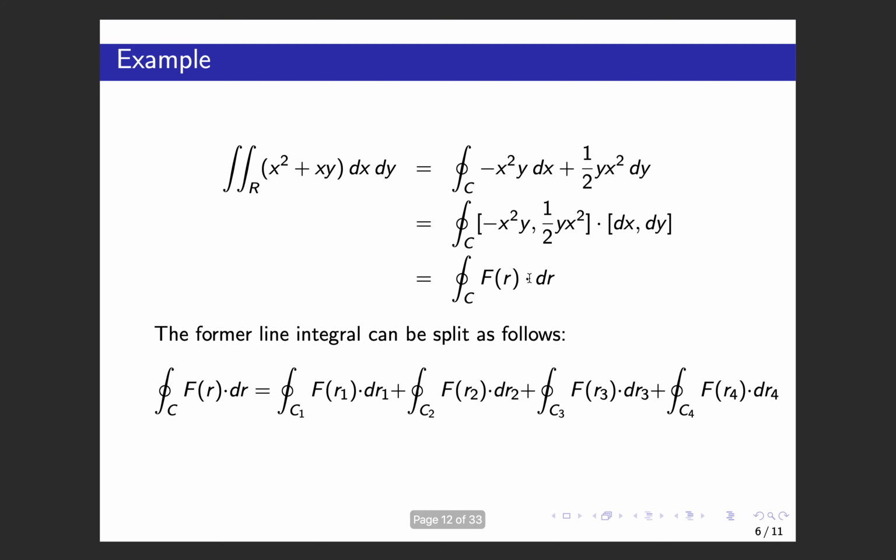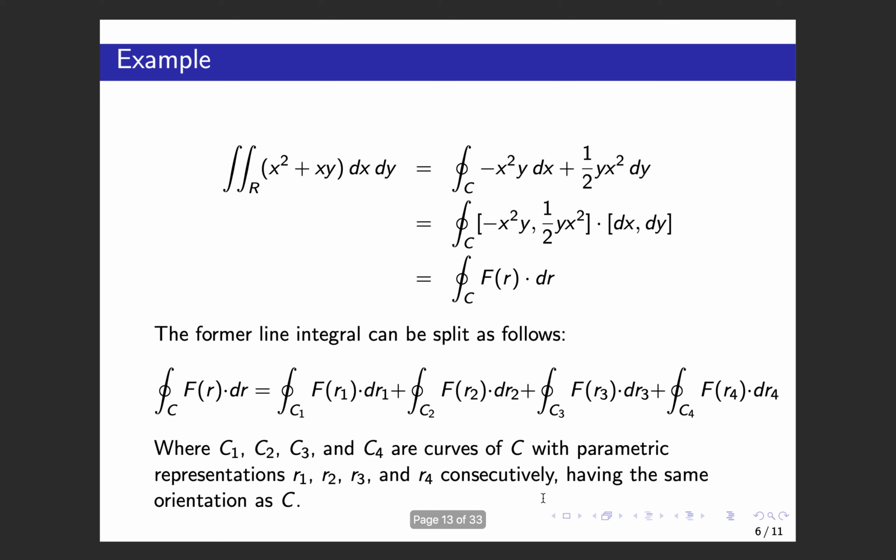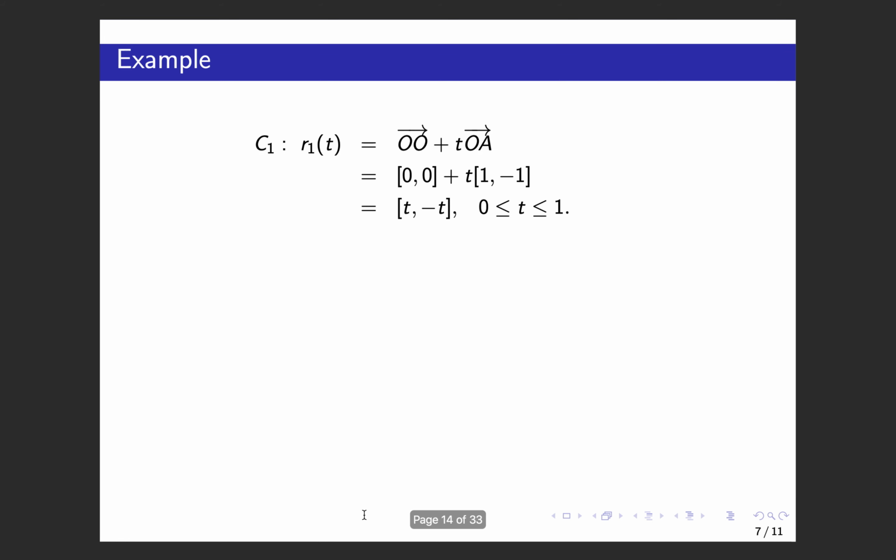Now we can split this integral into 4 integrals over C1, C2, C3, and C4 with parametric representations r1, r2, r3, and r4 respectively, having the same orientation as C, which is counterclockwise.